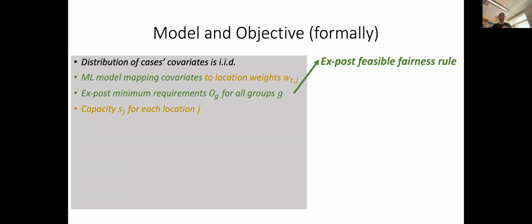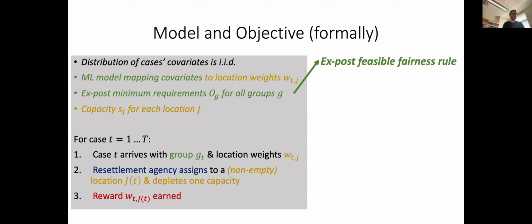And we assume that there are these ex post minimum requirements, o_g, for every group g. What do I mean by ex post minimum requirements? Those are the requirements for each group g: o_g shall be a lower bound on the average employment of cases from group g. And we're given a capacity for each location j.